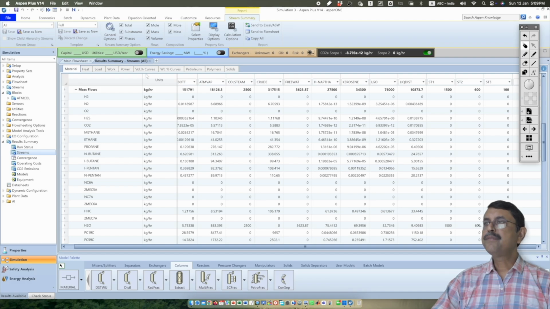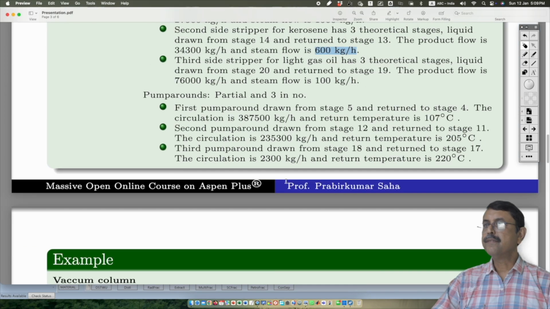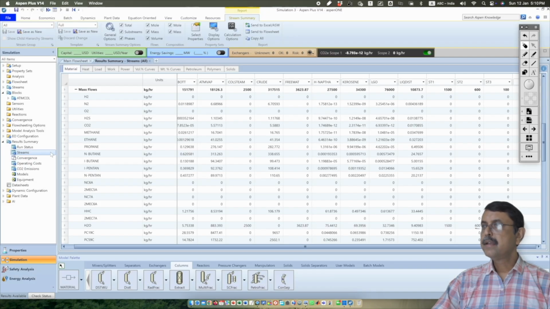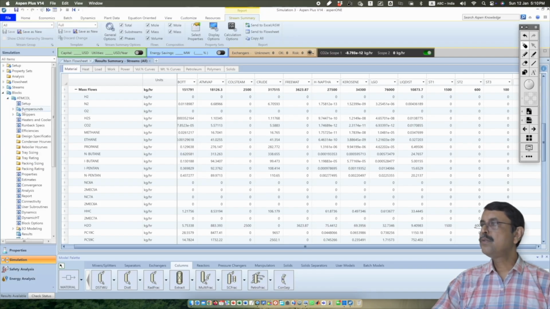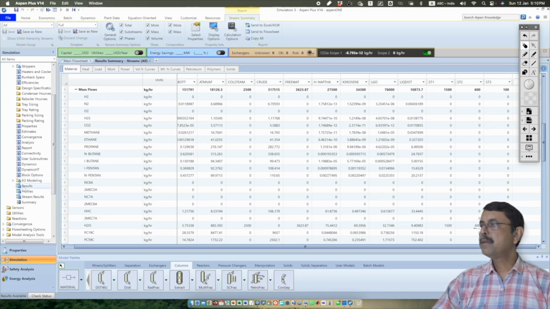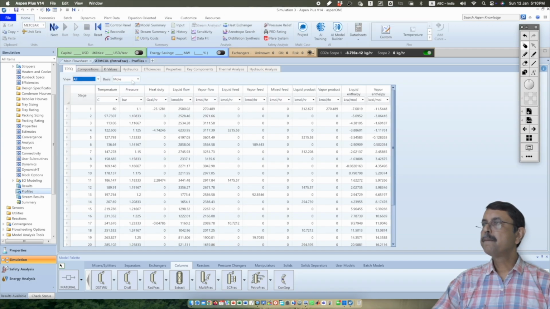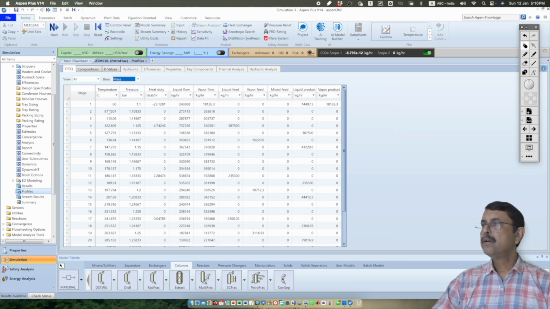Now we have to find out the ASTM 86 curve, right? So what we need to do, we need to find out the temperature and flow profiles. Temperature and flow profiles we can get from here. So this is the profile. This is the temperature profile.